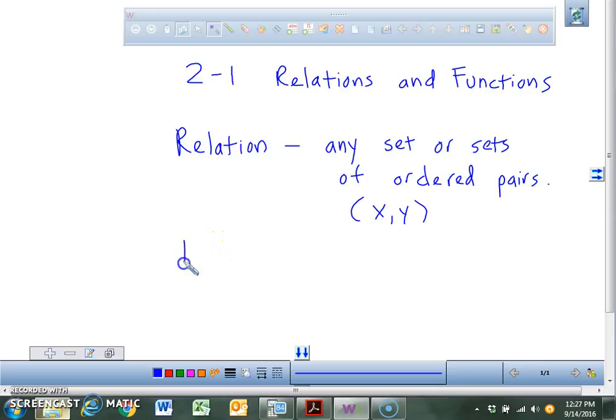All right, so here's what I want you guys to write. Write the word function. Spell it correctly. And basically say a set of ordered pairs.